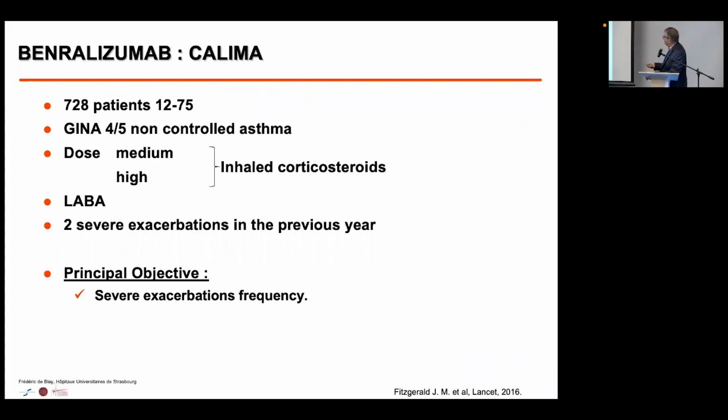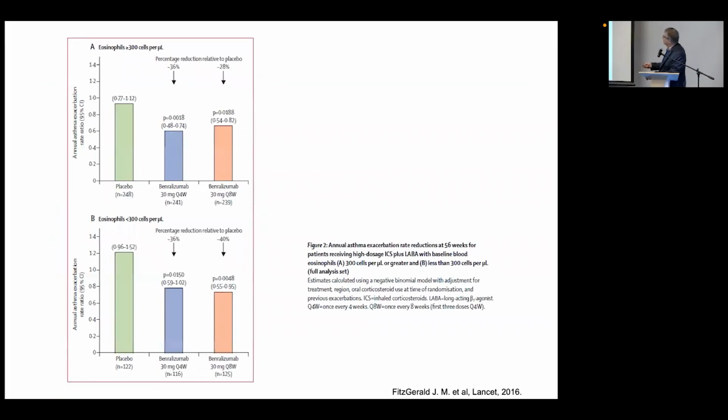more than 700 patients, GINA 4 to 5, medium dose of inhaled corticosteroid, and they looked at the severe exacerbation frequency, and you can see that we are in the same range. We have a decrease by 28%, 38%. This is the annual rate for exacerbation.